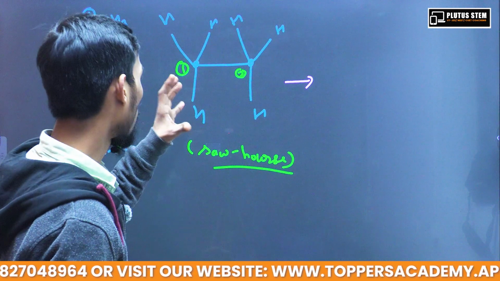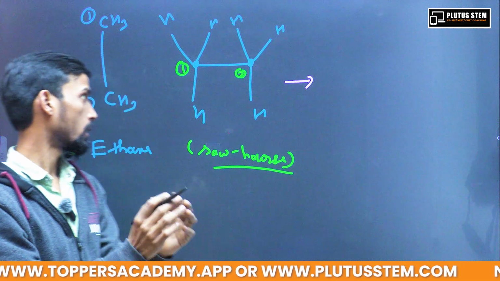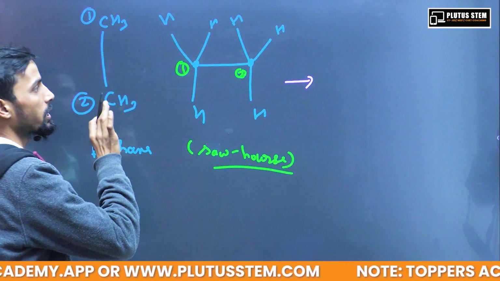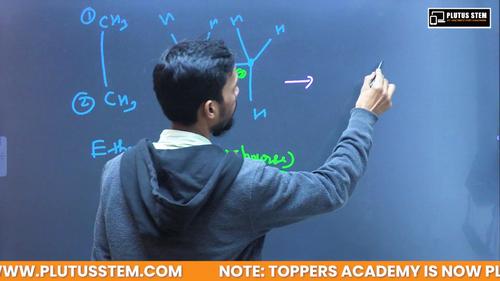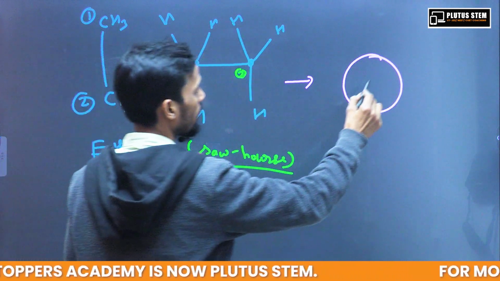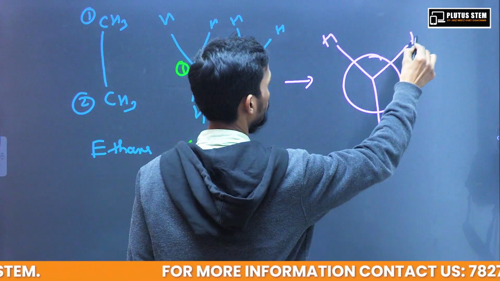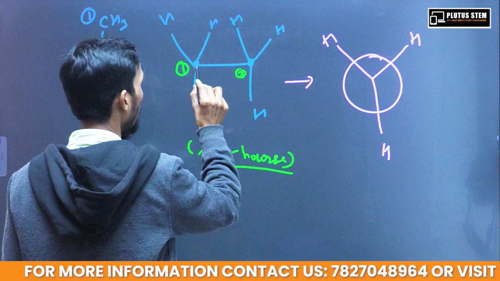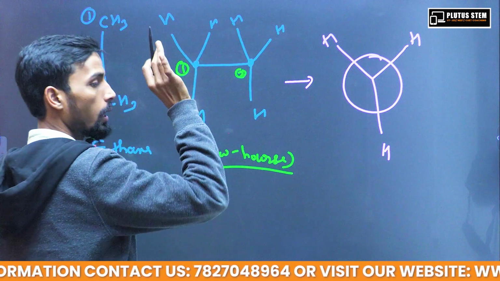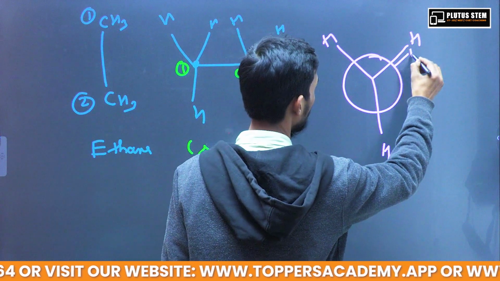In the Newman projection, we just view the structure from this side. Let's say this is the circle; I will view these three hydrogens like this from the upside, and these bonds will be at the back side of this carbon.